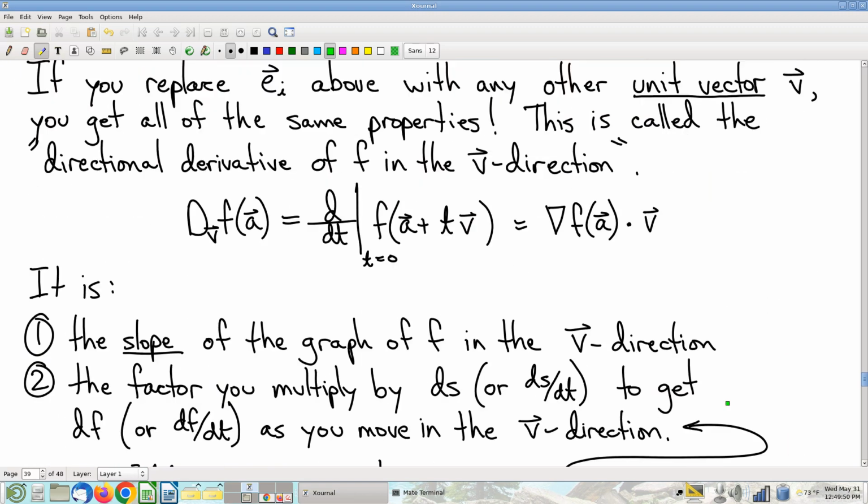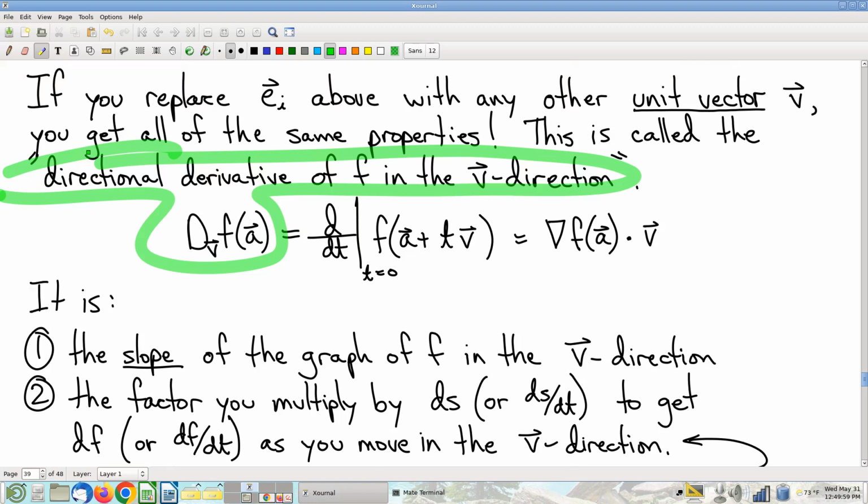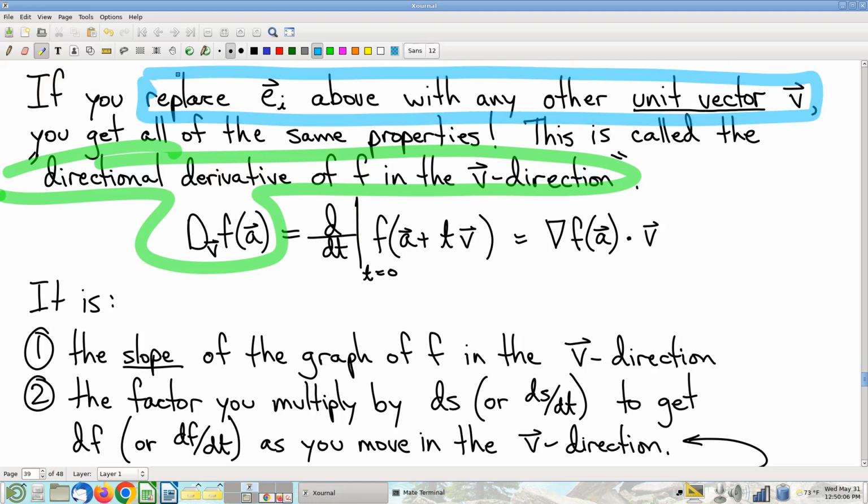And here it is. It's something called a directional derivative. It's just terminology. But anyway, here's what a directional derivative is. It's all the same as above, but just replace EI with any other unit vector.